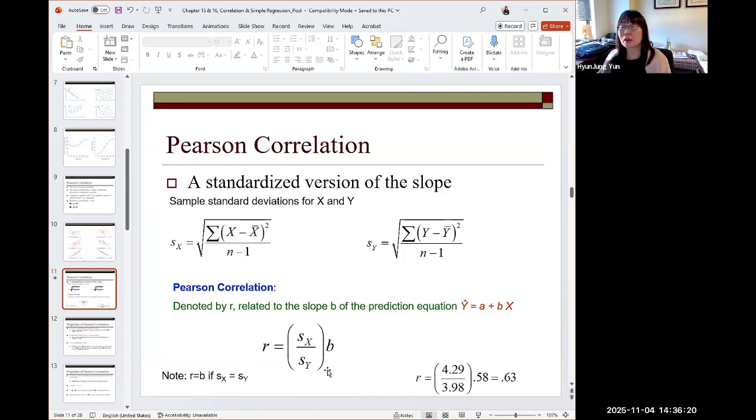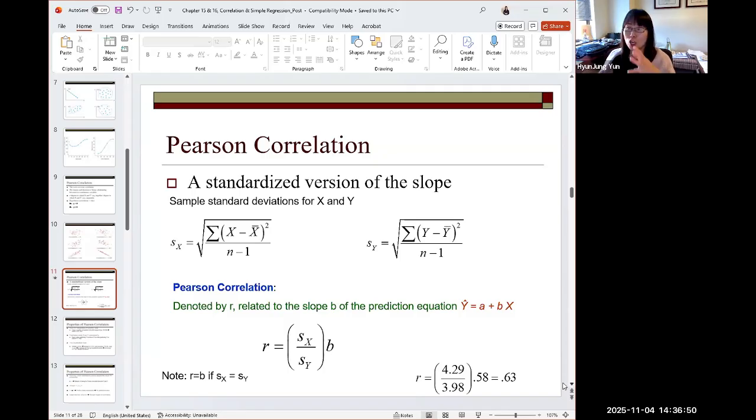So oftentimes, some statistics textbooks call the Pearson correlation value a standardized slope, a standardized version of the slope. We take the raw slope and multiply it by the ratio of standard deviations, so we make this slope standardized.